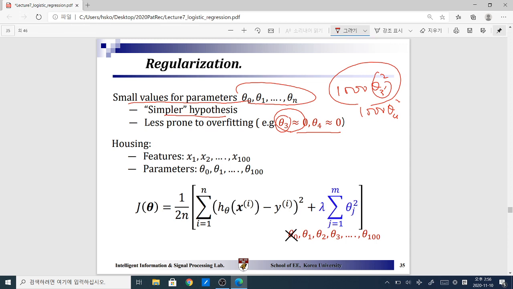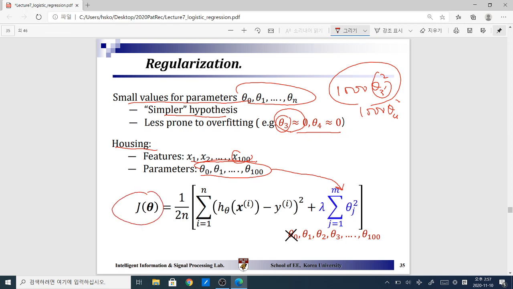As far as the housing example is concerned, if we have say 100 features, and each of the features has a corresponding parameter, then what you want to do is to have these parameters be part of the cost function.